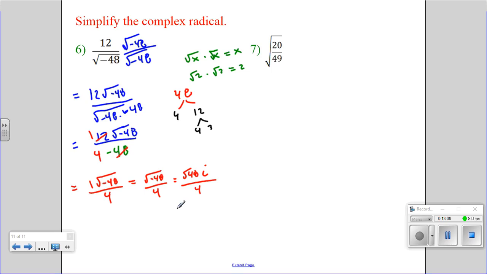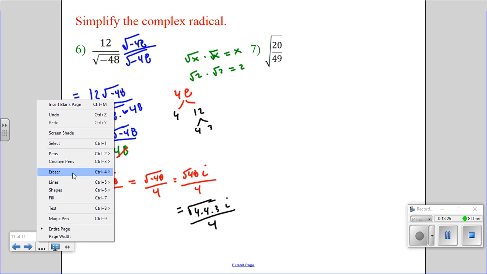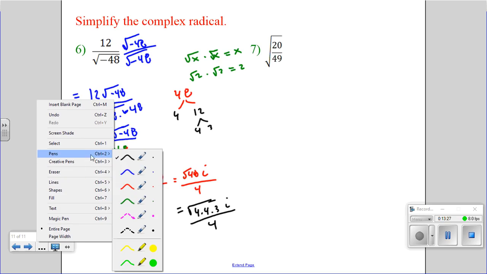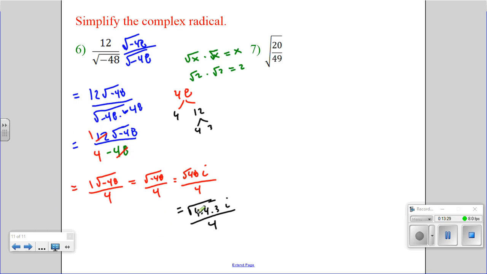So let's go back to our root, and underneath we're going to put 4 times 4 times 3, and then we have i, and then at the bottom we still have 4. So the twins in this scenario are my 4's.